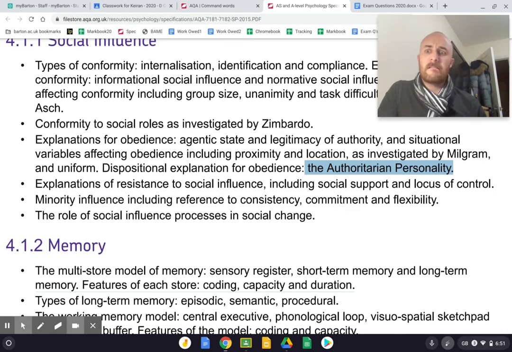Where else are you going to use that in the spec? Probably not many places. So if I say rigid parenting styles, the examiner immediately knows that I do know the authoritarian personality on a deeper level than the person who says it's when you obey because of your personality, isn't it? So specialist terms, you really need to know them.